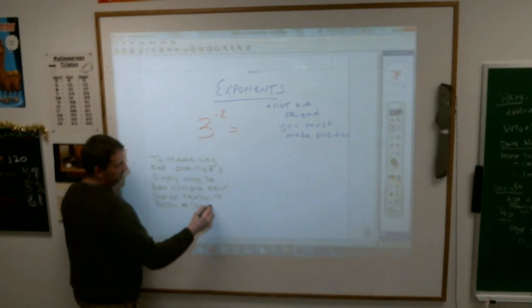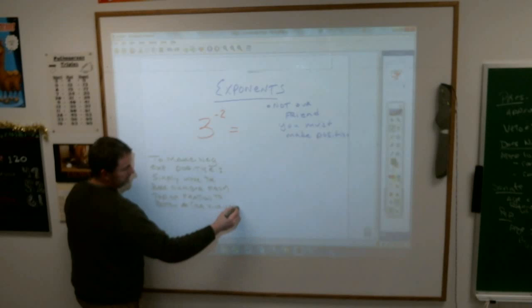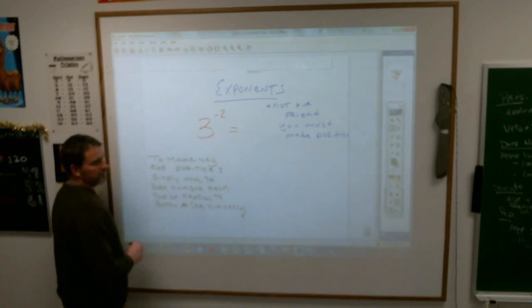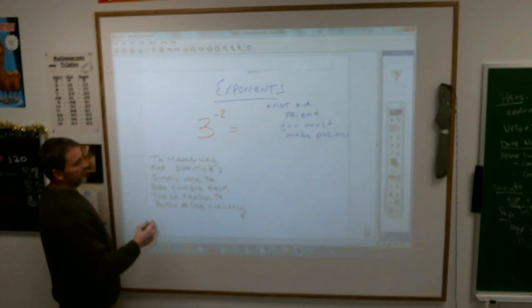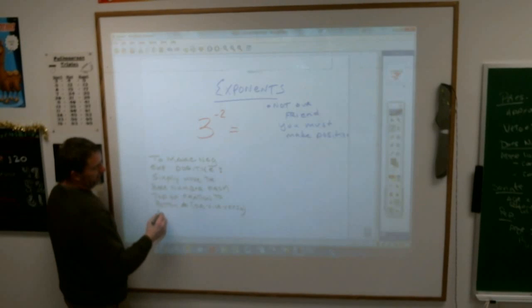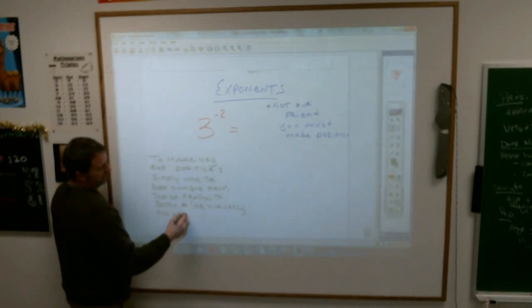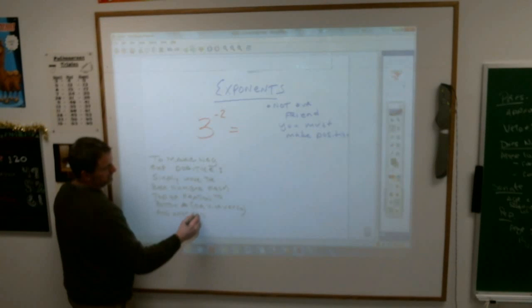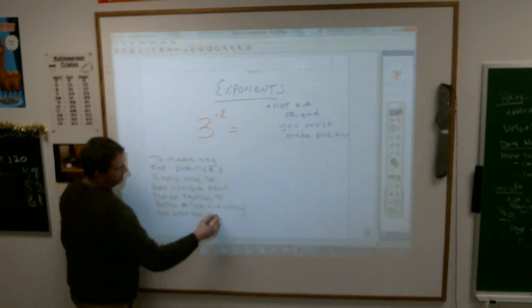Then you know how to spell vice versa. It must be Greek. Is that Latin or something? Vice versa or something like that. To the bottom or vice versa, and make the exponent its opposite.